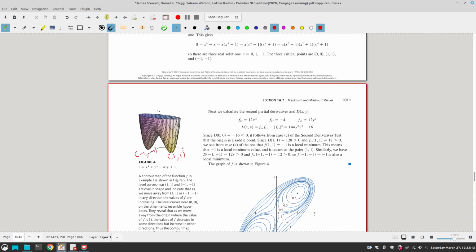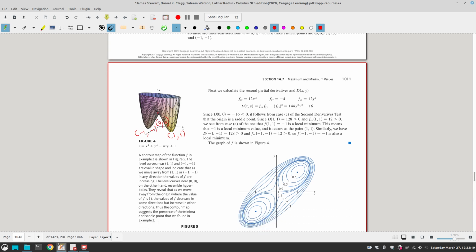So this is a local minimum, and of course this point here is (0, 0). So this is a local minimum, this is a local minimum, and this is a saddle point.